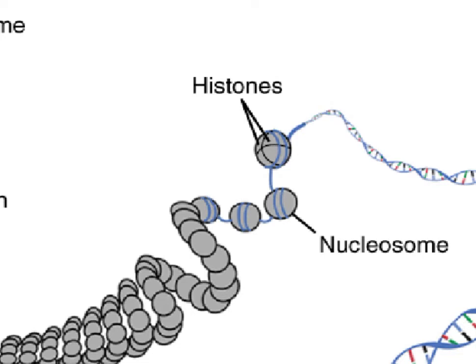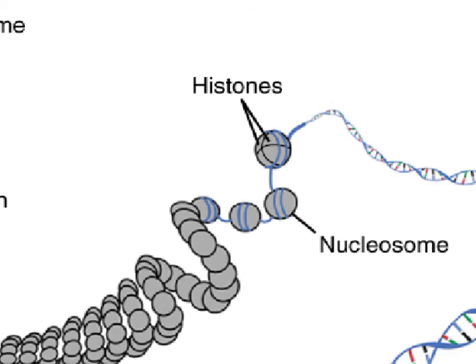And a nucleosome consists of 147 base pairs. So 147 base pairs of DNA that is wrapped around a set of 8 histones are called octamer.